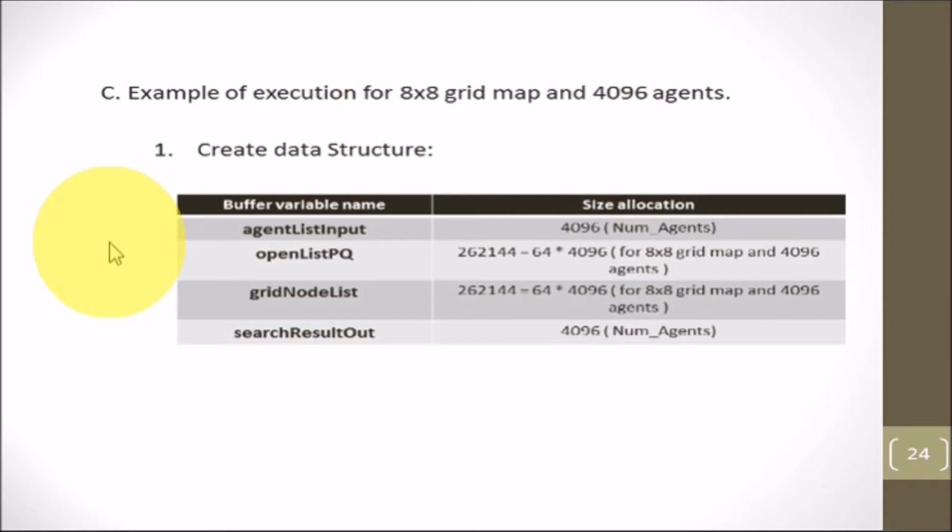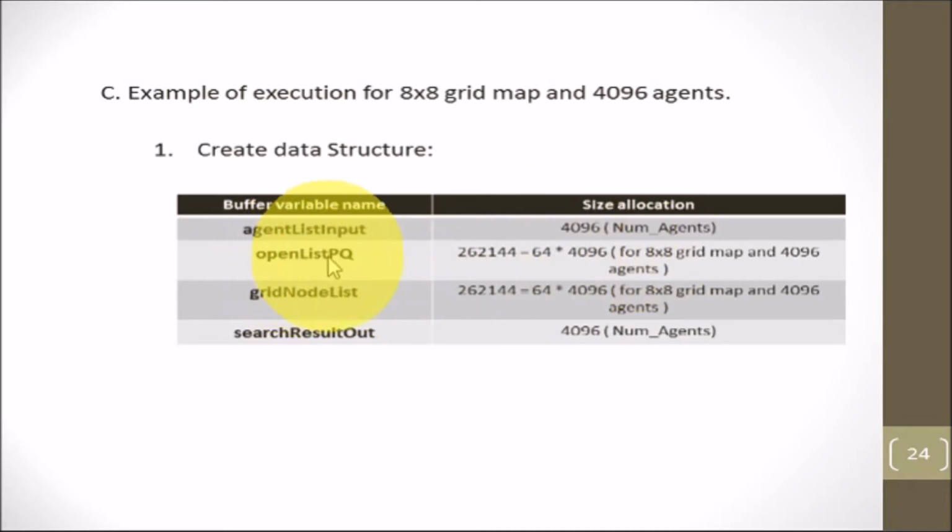Now this is fixed, this cannot be changed during the execution, so we have to calculate the estimated size of these data structures. So the agent list input generally carries an agent object for each agent, so the number of agent list input elements will be 4096, which is equal to the number of agents.